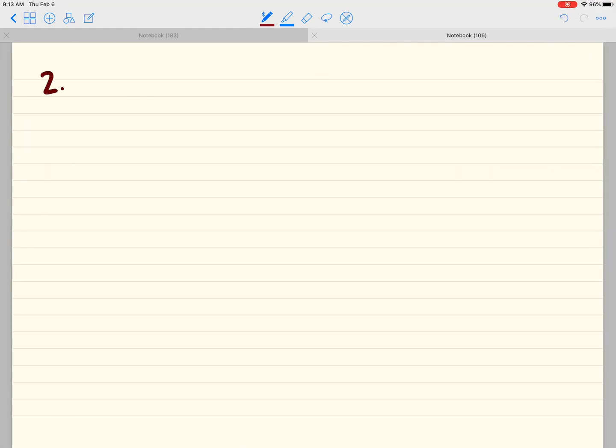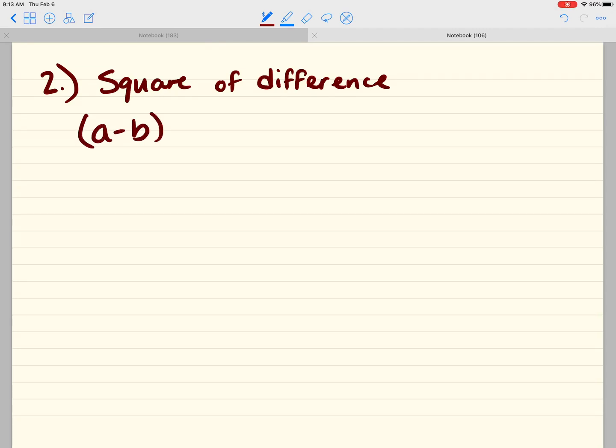Okay, the next one we're going to look at is square of a difference. So the only thing that would be different from our other one is instead of addition, it's going to be subtraction. All right. Now, basically, you're doing the exact same thing, right? If I square my first term, I would still get a squared.